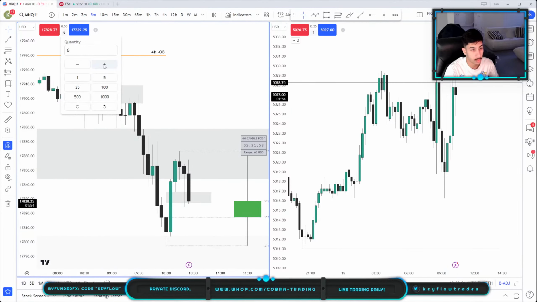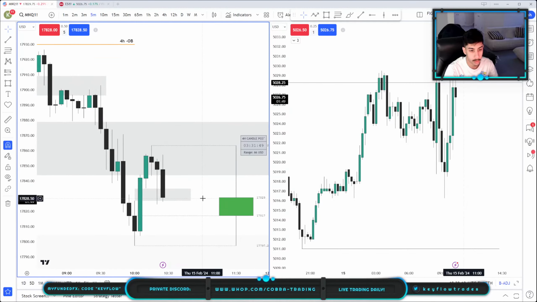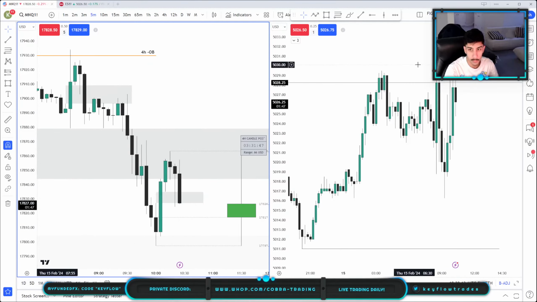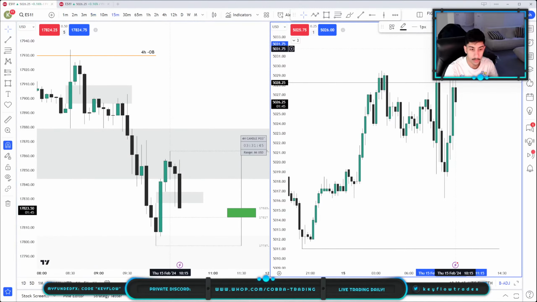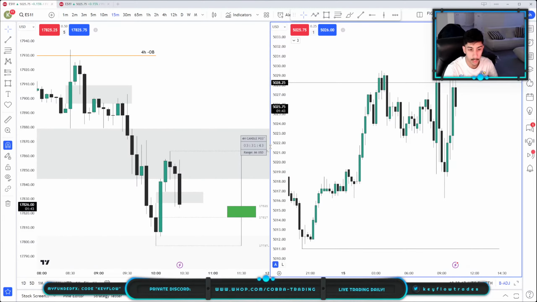So I'm willing to try the short with 10. I'll do 5 and 5, or sorry, the short on ES, liquidity grab up here at the highs.